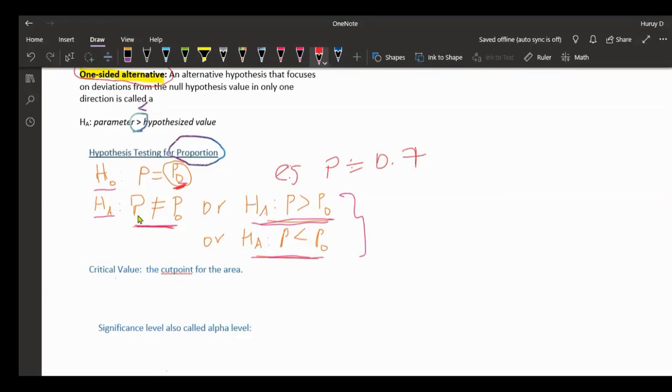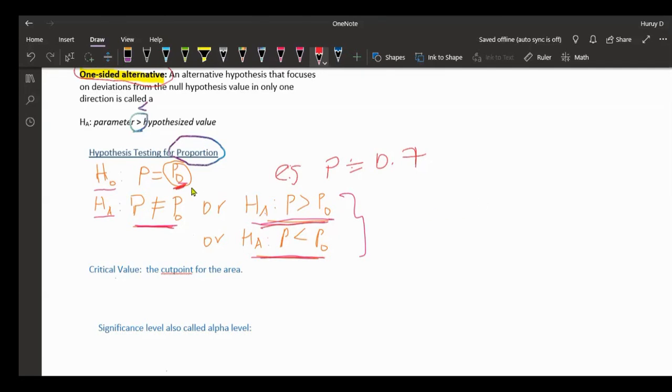And then, as we said earlier, H sub A can be P not equal to P naught, or H sub A, P greater than P naught, or P less than P naught, depending on your problem. Always you have to be careful in choosing this alternative hypothesis. It's the most important one, to be honest.